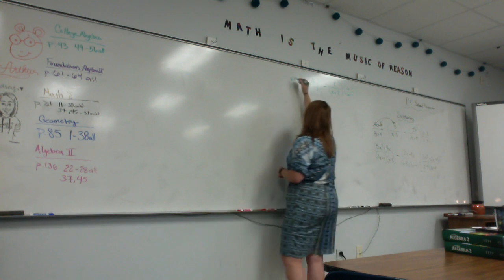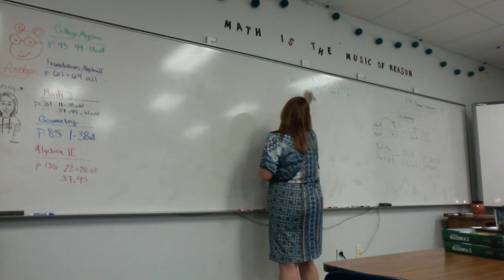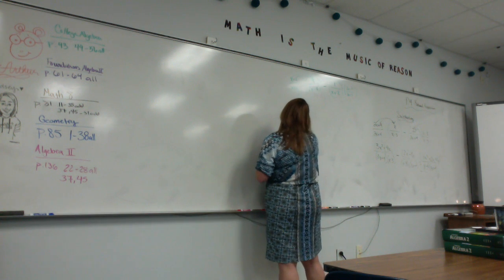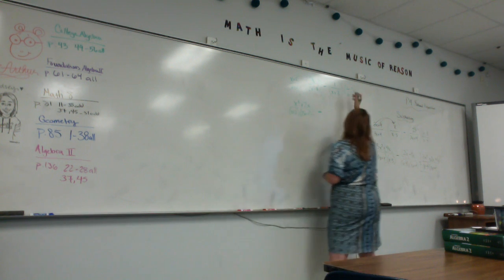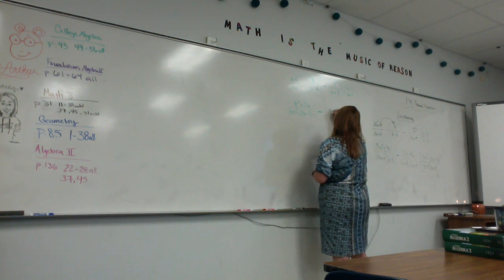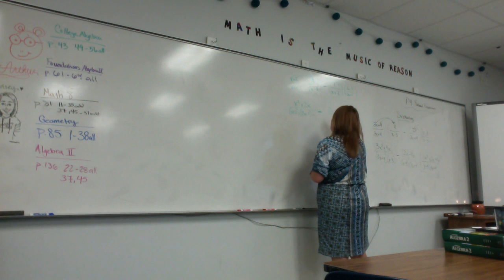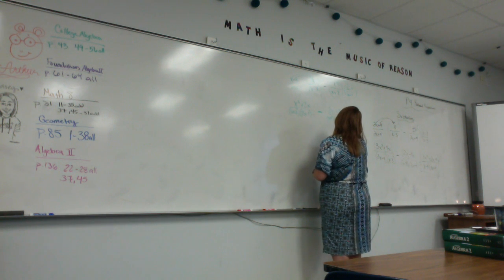Okay, so here I distribute, FOIL. I get x squared plus 2x over x plus 2, 2x minus 1. Minus, and here I get 2x and negative 1 over x plus 2, 2x minus 1.